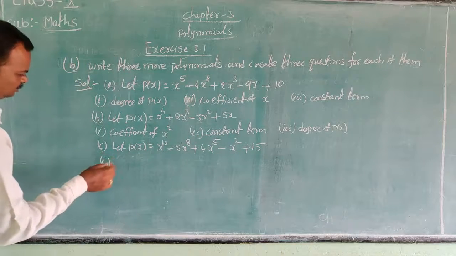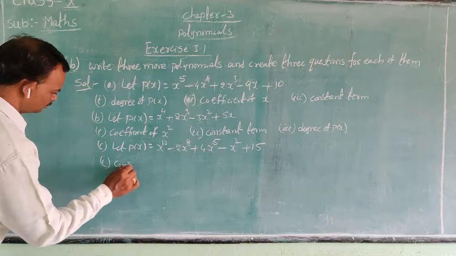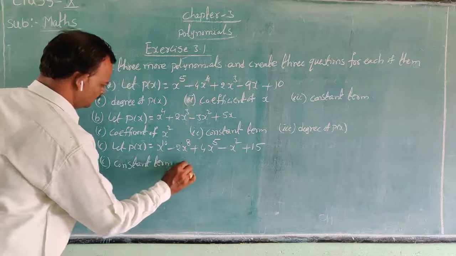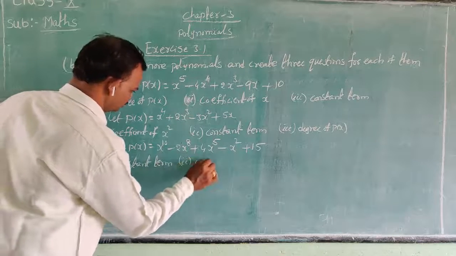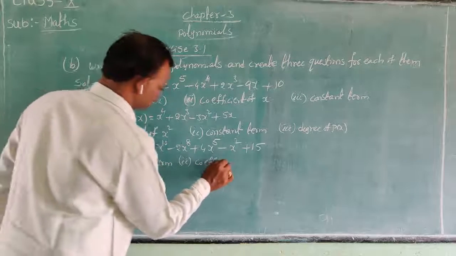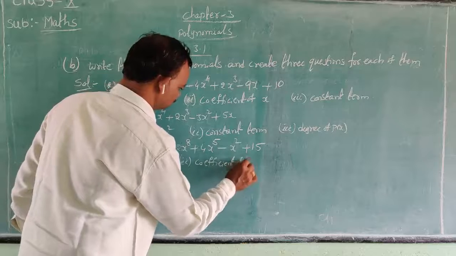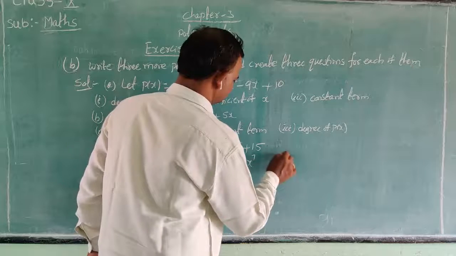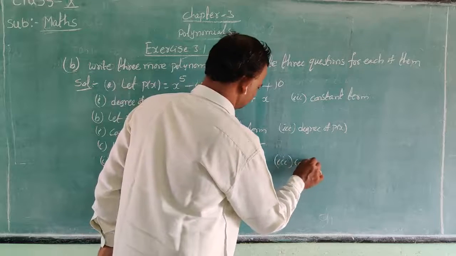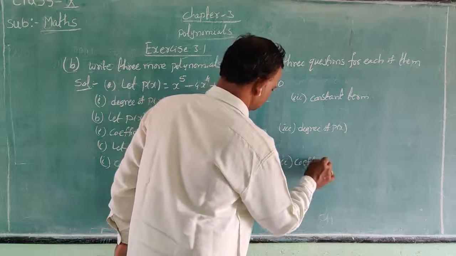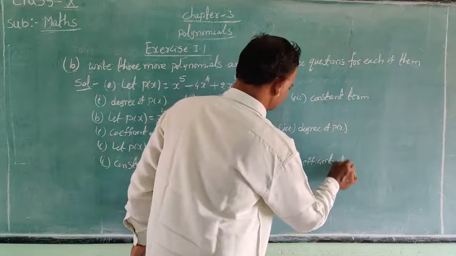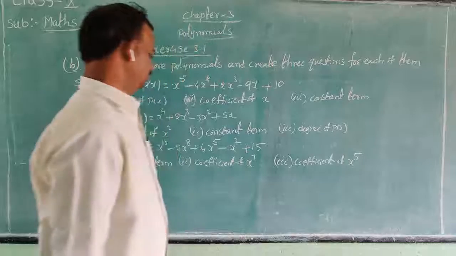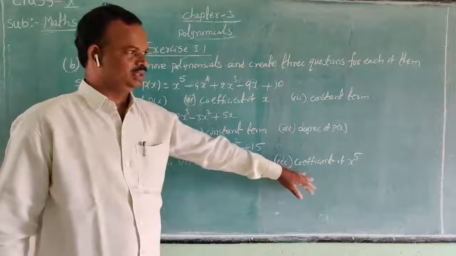Here the first question is the constant term, and I am writing the coefficient of x power 7 and the coefficient of x power 5.